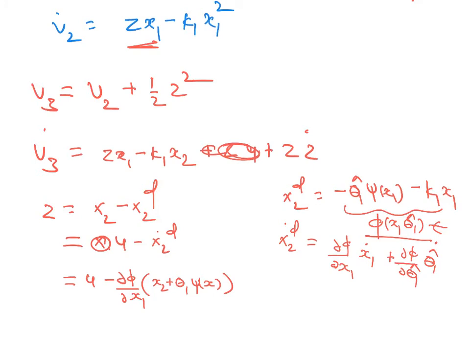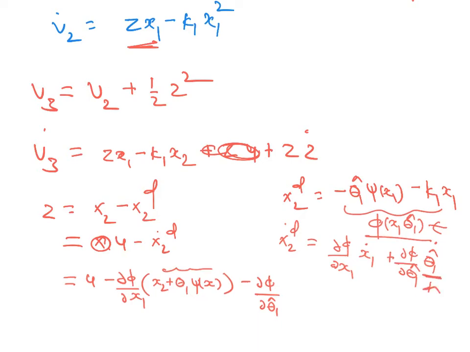I don't know, I think I took the harder example to start with. Somehow I think there was an example that would have been easier. So that's x1 dot, and del phi over del theta hat is theta hat 1, and this is already known to us.